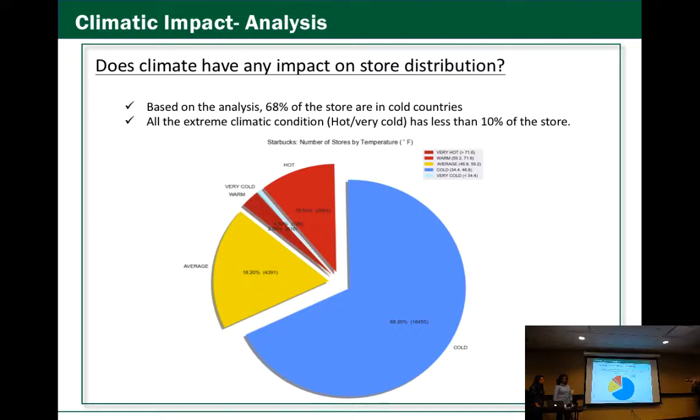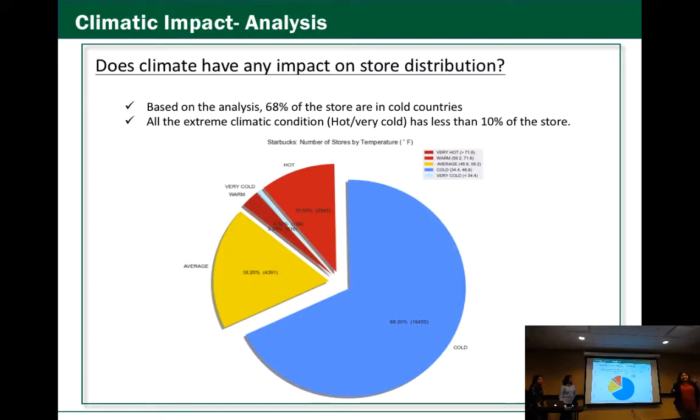The interesting aspect of this analysis was the climatic impact on the store distribution. Most of us didn't think that much about it, but we see that 68% of their stores are in cooler countries, and less than 10% of stores are in extreme temperatures, very hot or very cold.